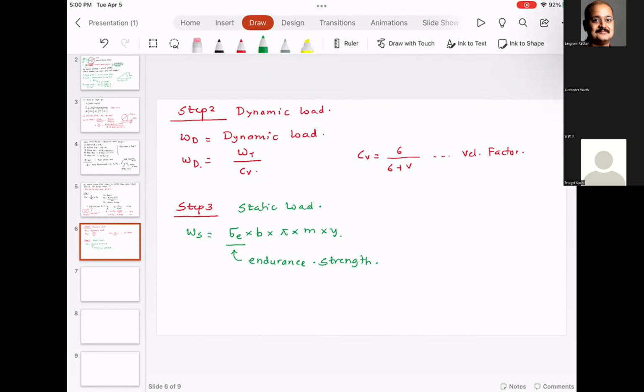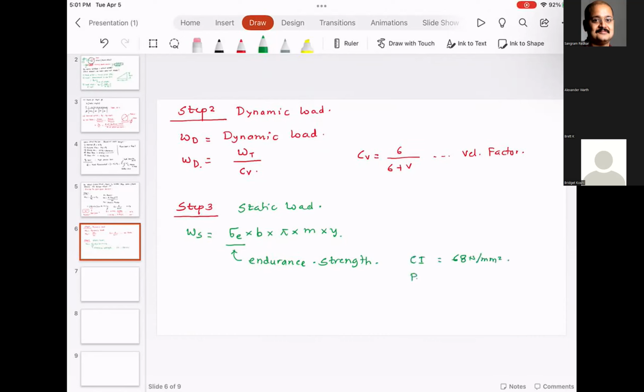Same thing happens in the case of worm and wormwheel. That's why you have the worm made up with steel, and the wheel made up with cast iron, which is softer than steel, or phosphor bronze, which is again softer than steel. So sigma E values typically for cast iron is given as 68 Newton per millimeter square.